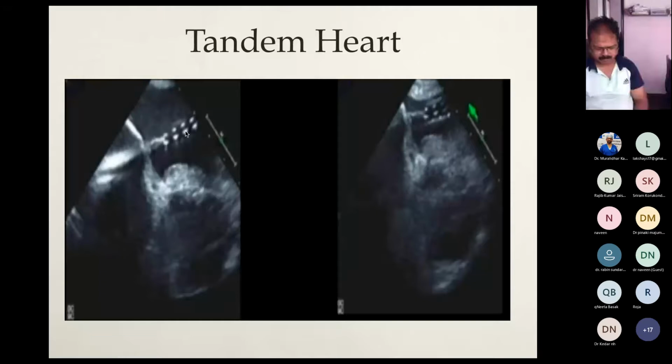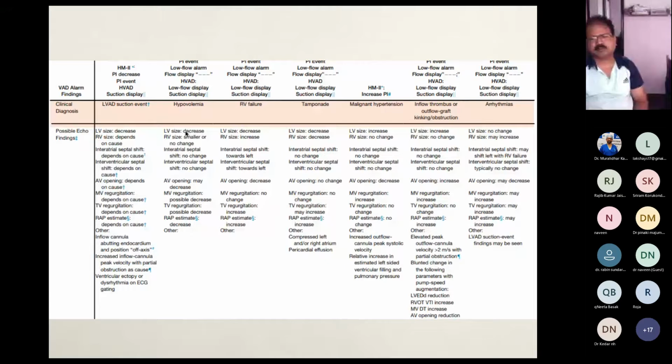But I don't have much practical experience with the TandemHeart, and nowadays we mostly use Impella rather than TandemHeart. I have also kept 2 slides about troubleshooting of the VAD, and thank you very much. That ends my presentation.